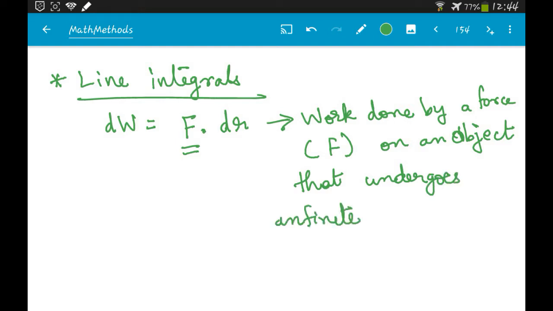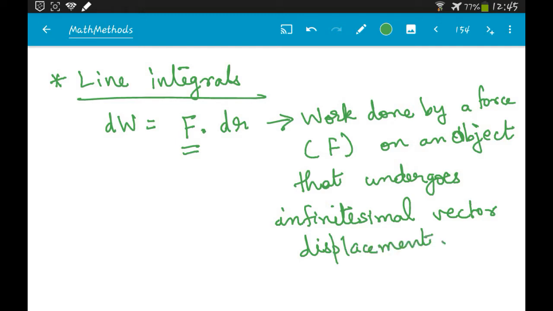So this is your dW, the infinitesimal work done.